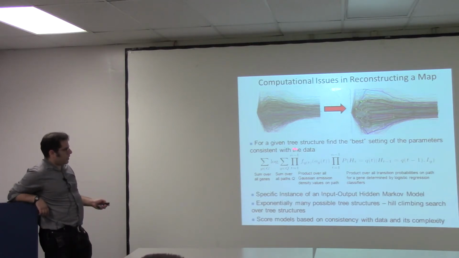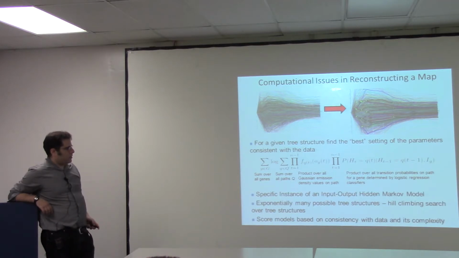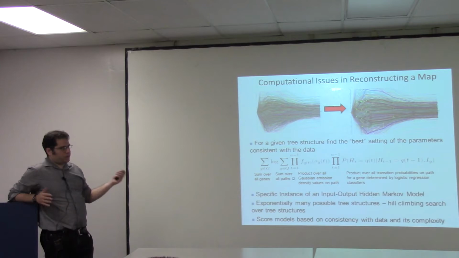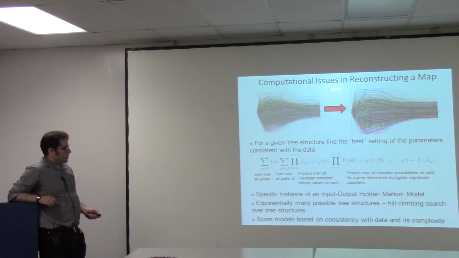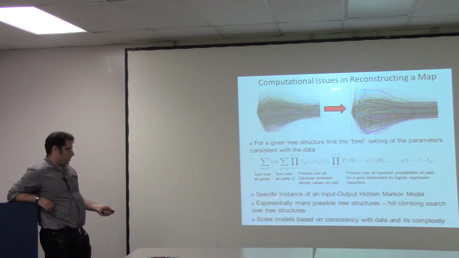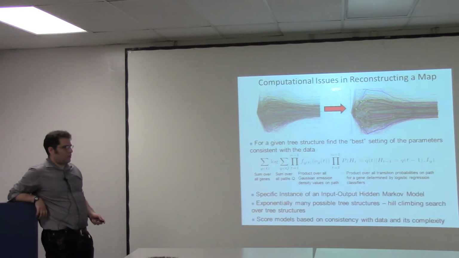Now, this is all for one structure, but one of the challenges is that we need to learn the actual structure, not just the parameters. So what I developed was an approach where we do a hill climbing search over tree structures.